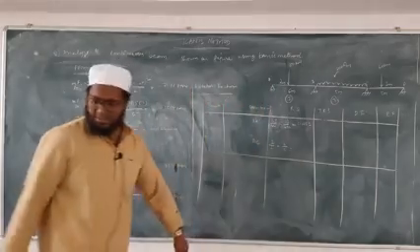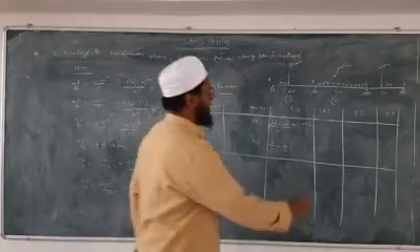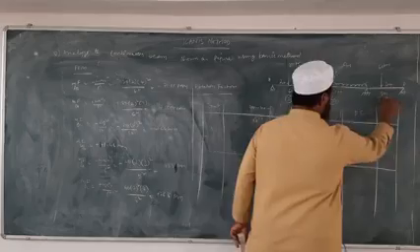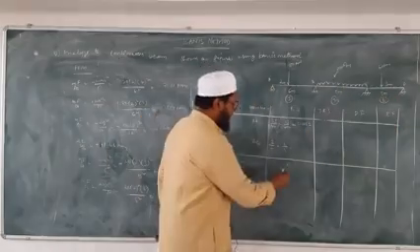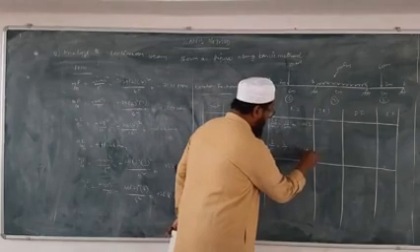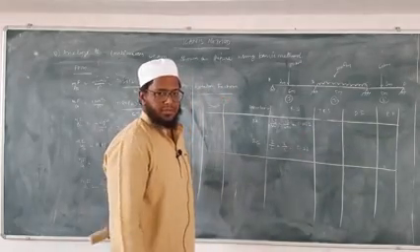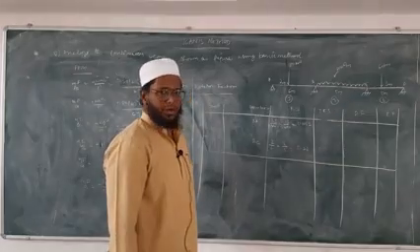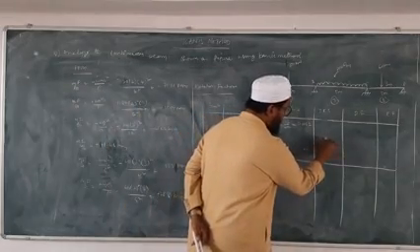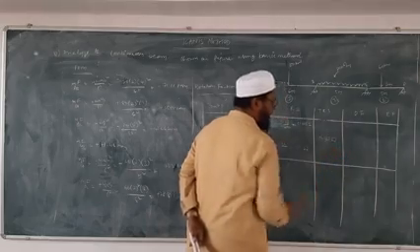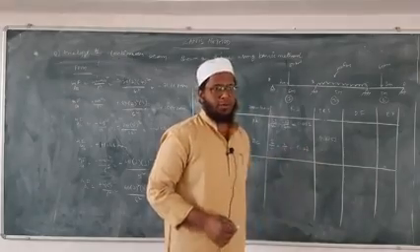Yes, all are I. 1 by 5 is how much? 0.2I. So you add these two values, tell me the final total relative stiffness. 0.325 I. Now the distribution factor is 0.125 divided by 0.325.